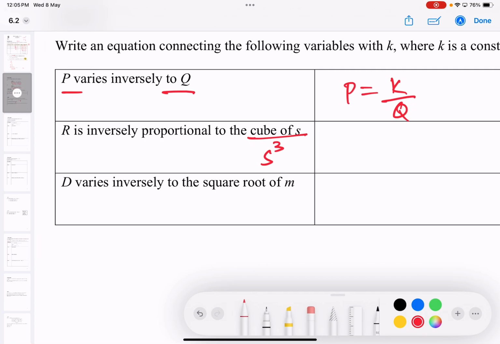Danish, tell me the first one. How do I write it? What is the first one I should write down? R. Good. After I write down R, is what mathematical symbol? Equals. Good. Then next one, K. Then where should I put it, my denominator or my numerator?